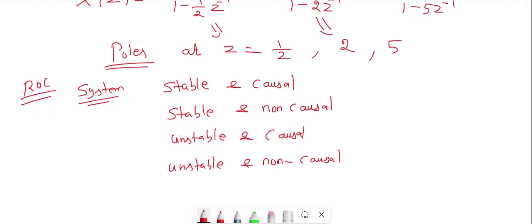You can classify the system as either stable or unstable, and as stable and causal, or stable and non-causal.